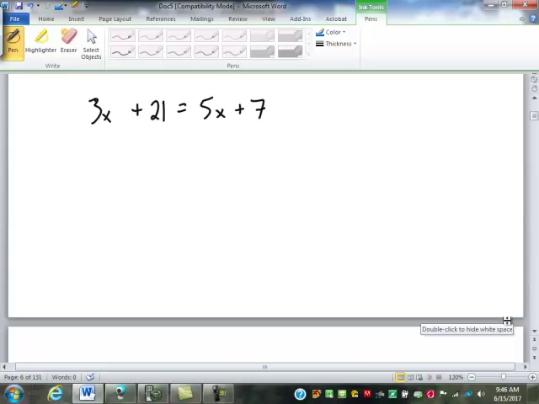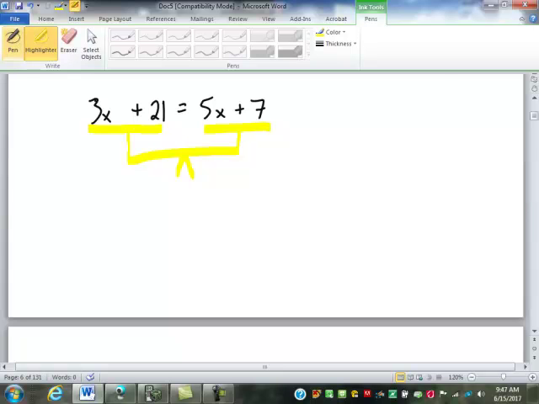Can I push the 3x and the 5x together to make one big pile here? No, because here's my scale. They are not on the same side. I can't push them together in a single pile. So I am going to have to figure out some way to get rid of one of them.